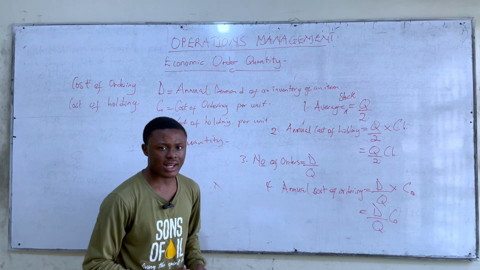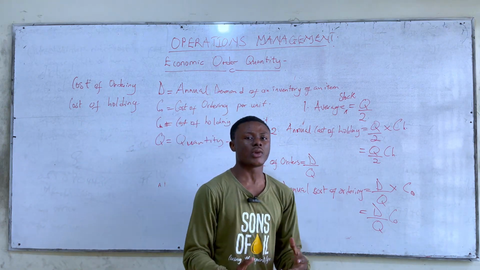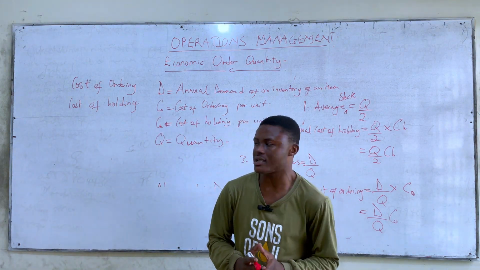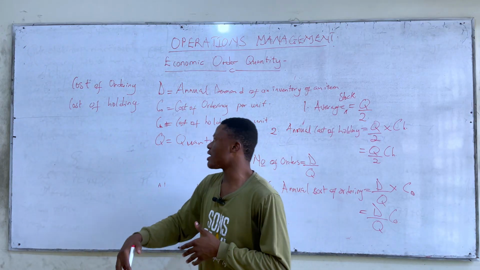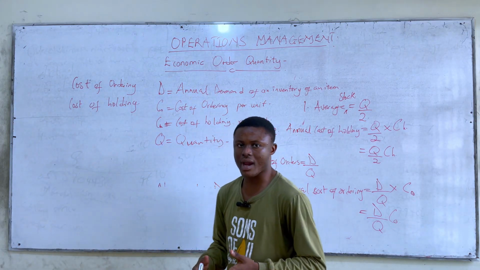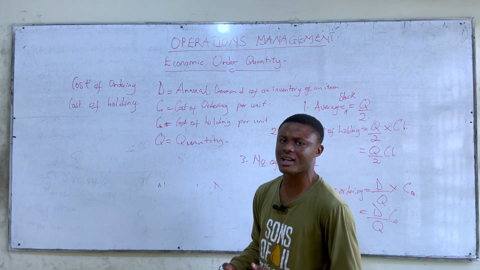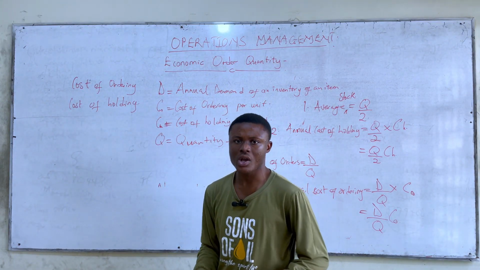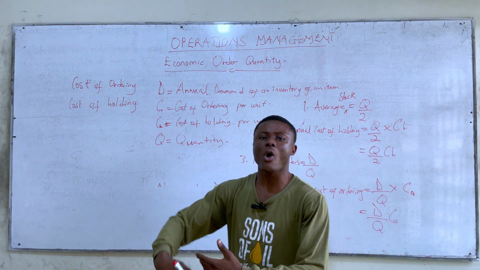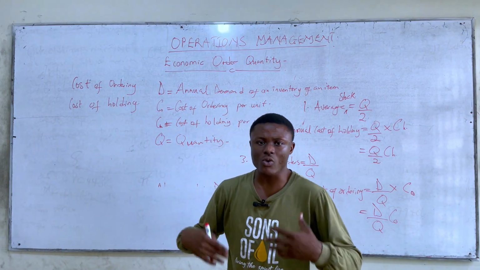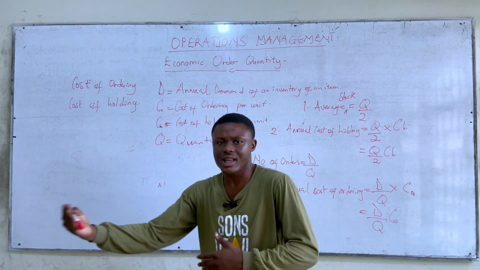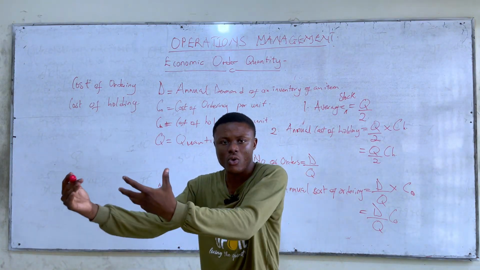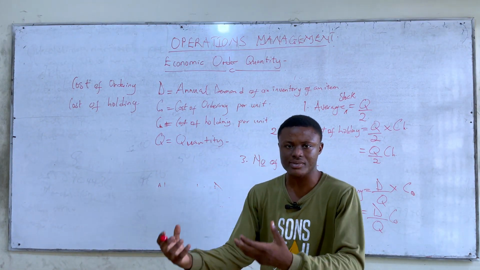As I said, with economic order quantity, we want to establish the equality of our cost of ordering and our cost of holding. What do I mean? It means that our cost of ordering should be equal to our cost of holding, whereby the cost of the number of times that we order a quantity should be equal to the cost that we incur to hold that quantity of items in stock.